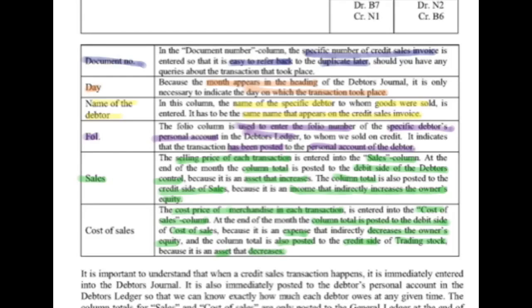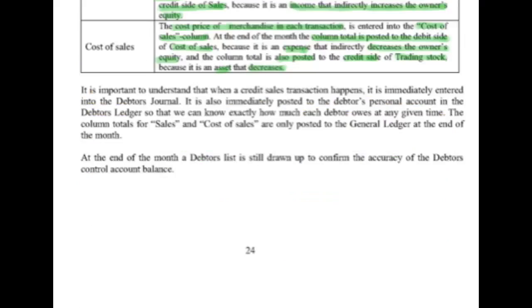Now, it is also important to understand that when a credit sale transaction happens, it is immediately entered into the debtor's journal. It is also immediately posted to the debtor's personal account in the debtor's ledger, so that we can know exactly how much each debtor owes us at any given point in time.